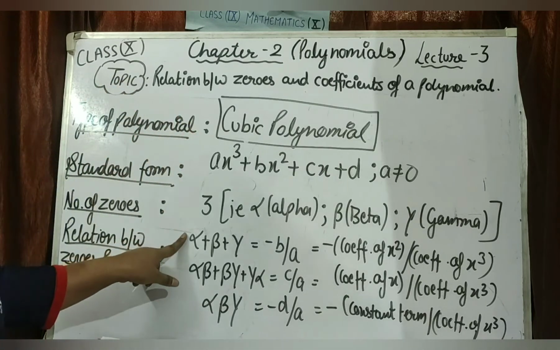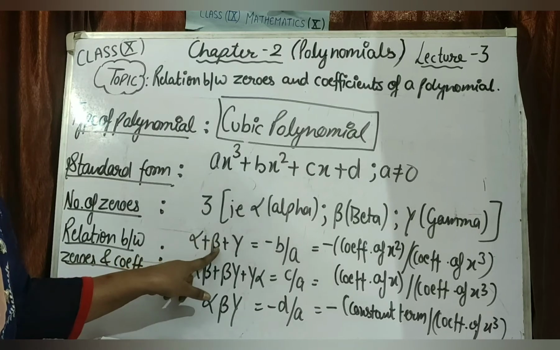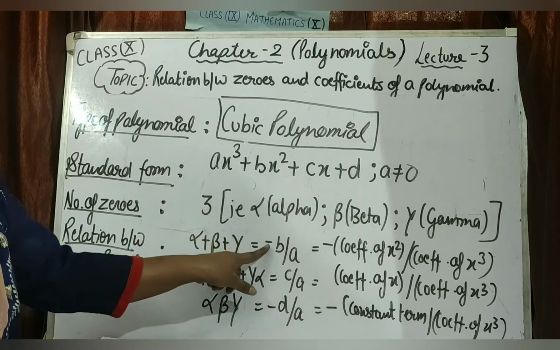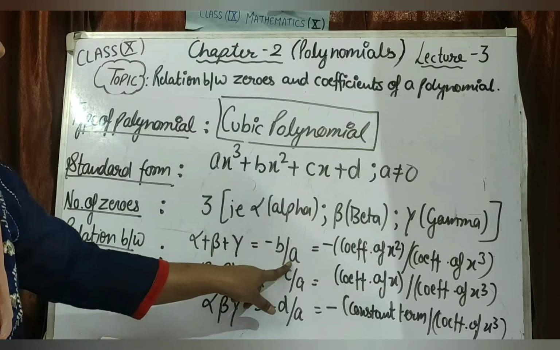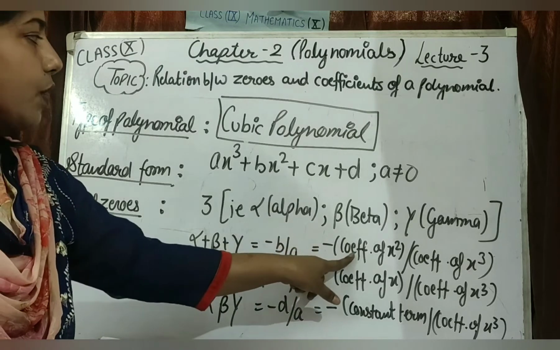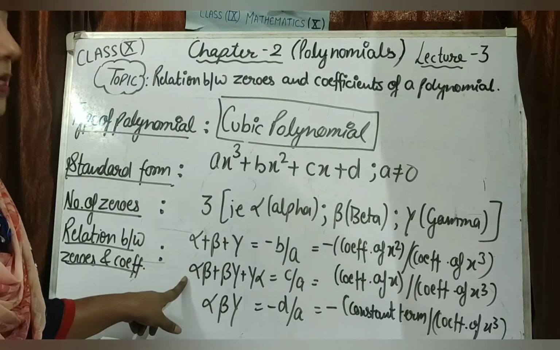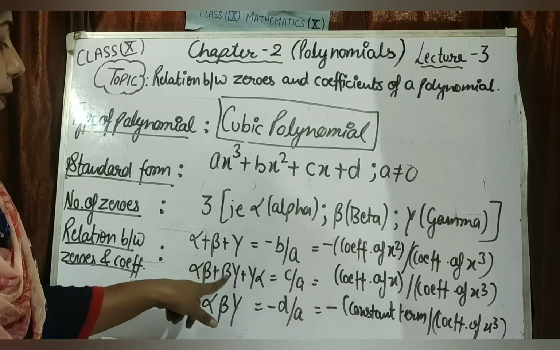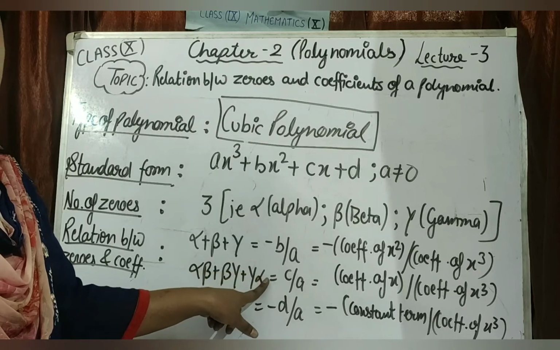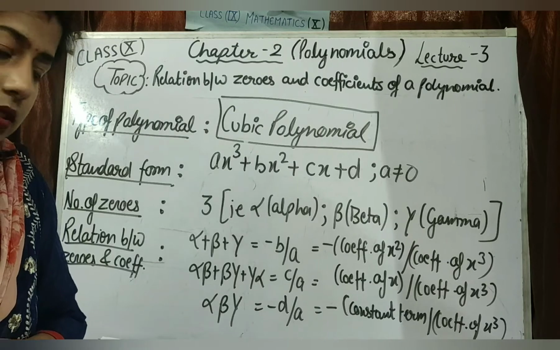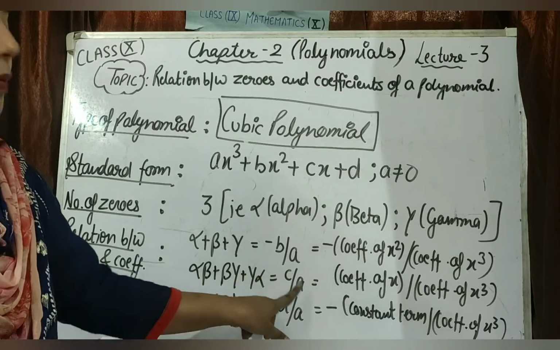The very first one is alpha plus beta plus gamma, the sum of the zeros, which equals minus b upon a. Minus b upon a means minus the coefficient of x square divided by the coefficient of x cube. The next relation is alpha beta plus beta gamma plus gamma alpha, the sum of the products of two consecutive zeros, so it is c upon a.